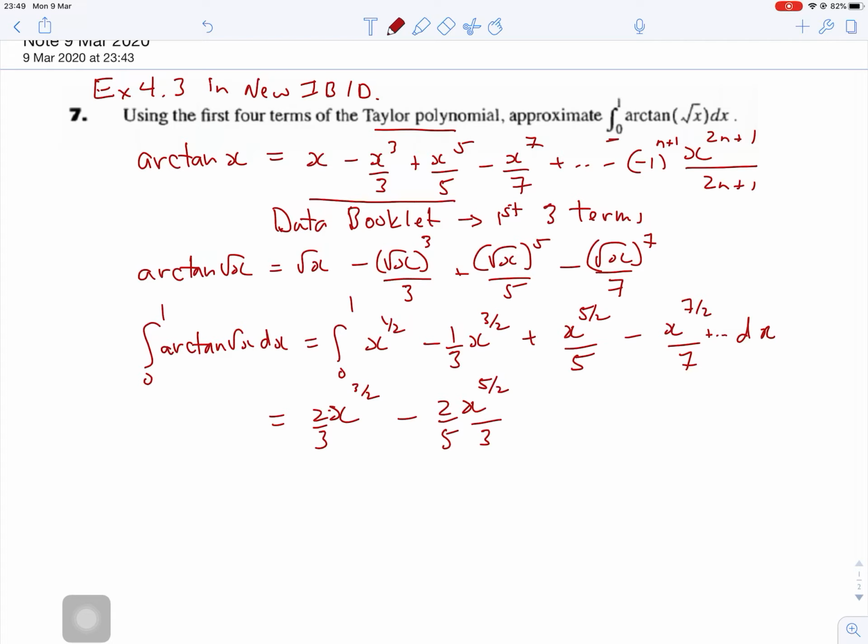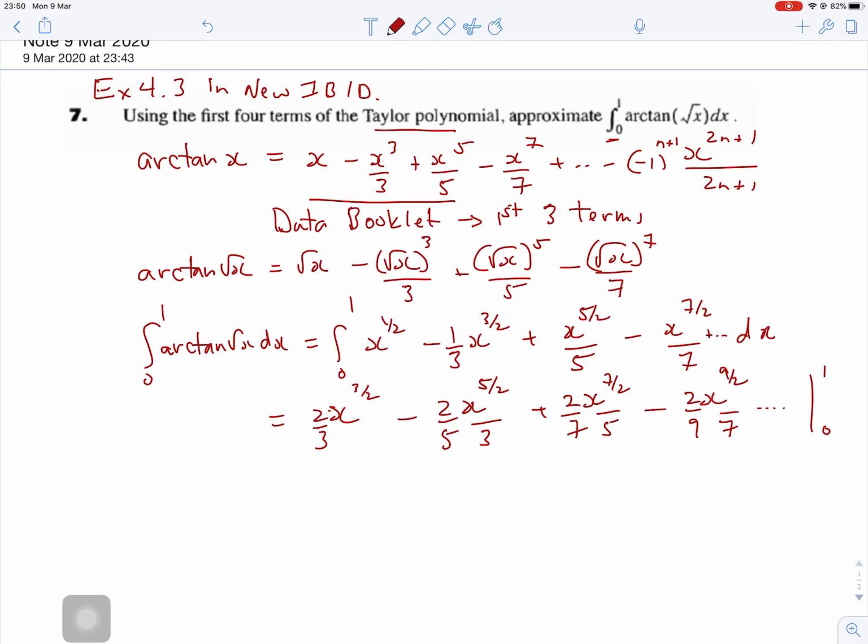And I'll just put the 1/3 underneath x to the 5/2, and then we have x to the 7/2, 2 over 7 times 5, and then the last term here is x to the 9/2, 2 over 9 divided by 7. And those are the first 4 terms that we're going to use to determine the definite integral.